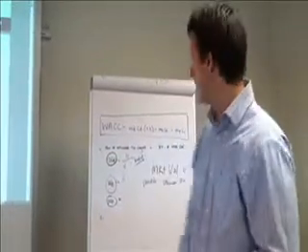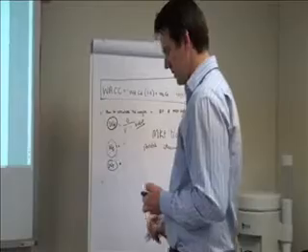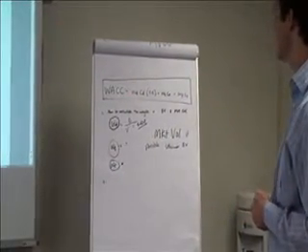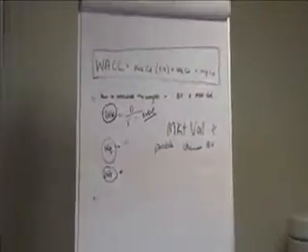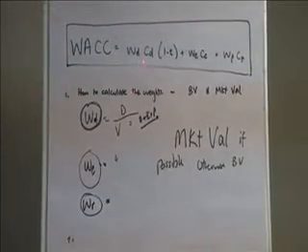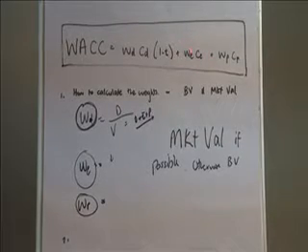What we can look at now, maybe a good place to start, let me use my little pointer. So we've kind of just touched on what are the weights, looking at market values of each of the components. Now we're going to say what is the cost. So let's start with one of them.